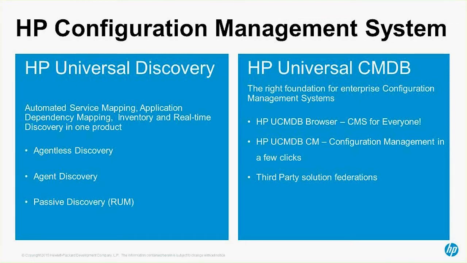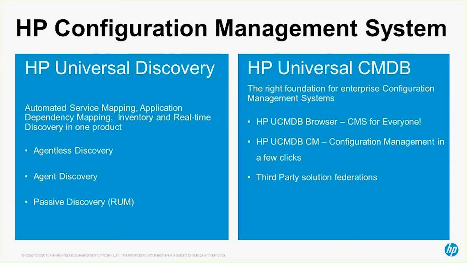This picture provides the two major components of the configuration management system from HP. On the left, we see HP Universal Discovery. As I mentioned earlier, the main purpose of Universal Discovery is to go out there and gather the data. There are different methodologies you could use to gather that data, and the data could be your inventory data, service mapping data, or real-time transactional data.